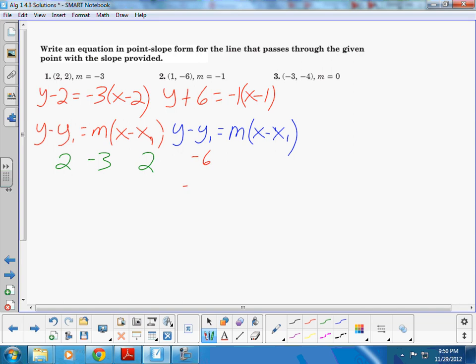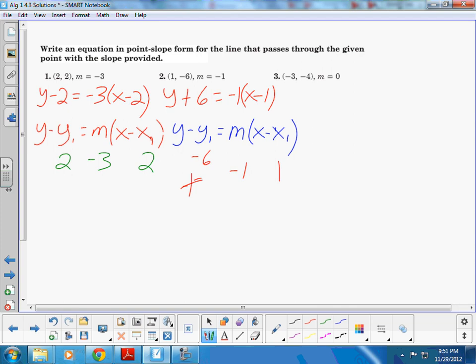Remember, the two negatives make a positive, and our slope is a negative 1, and x1 is 1. So when we subtract it, we get a negative 1.